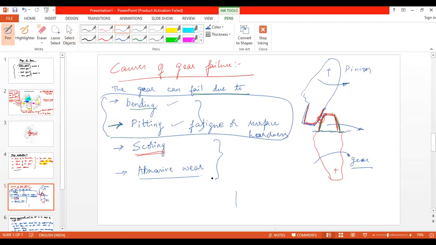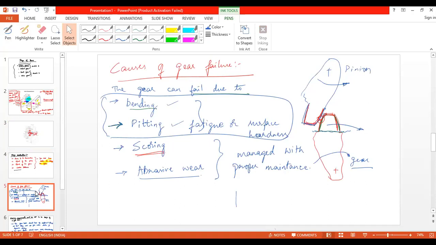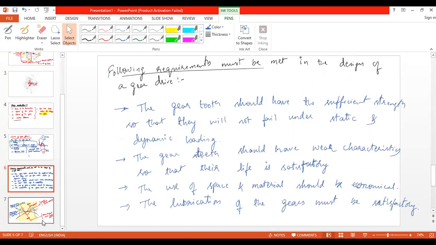Out of these 4, the last 2 can be managed with proper maintenance, but the first 2 should be taken care of at the design stage itself. Okay, so these are the requirements which are required to be met in the design of a gear drive.